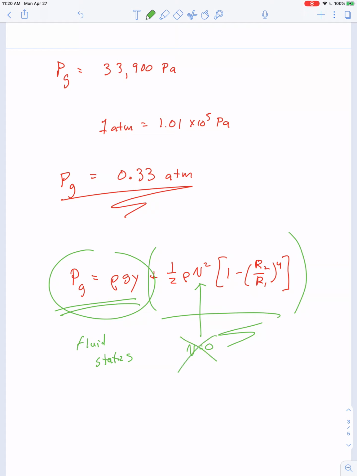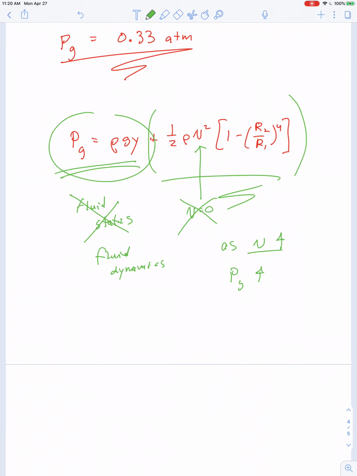But if the velocity is non-zero because we're studying fluid dynamics, then this says as the velocity increases, the gauge pressure increases. In other words, if I want the water to flow out of the drinking fountain really fast, the pressure in the feeder pipe has to be higher to make that happen.